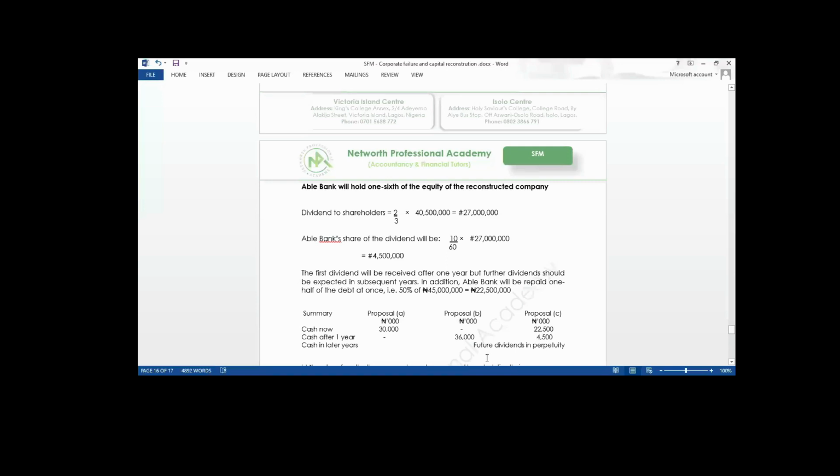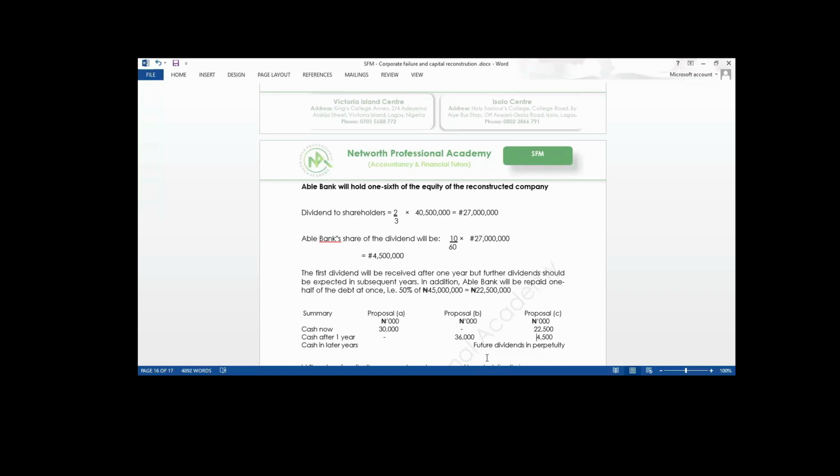Examiners say, under each of the proposals, what will Able Bank get? We have answered the A part of the question.